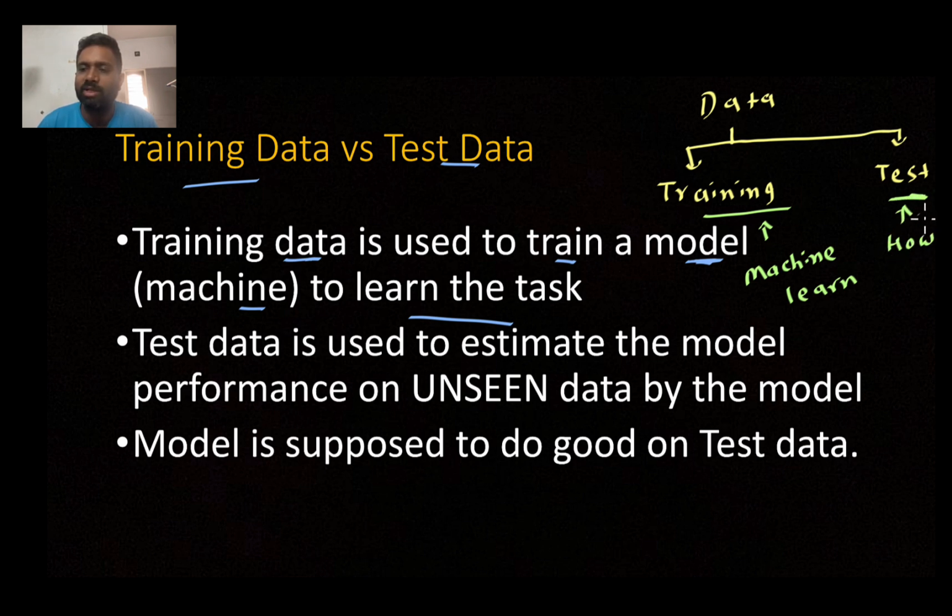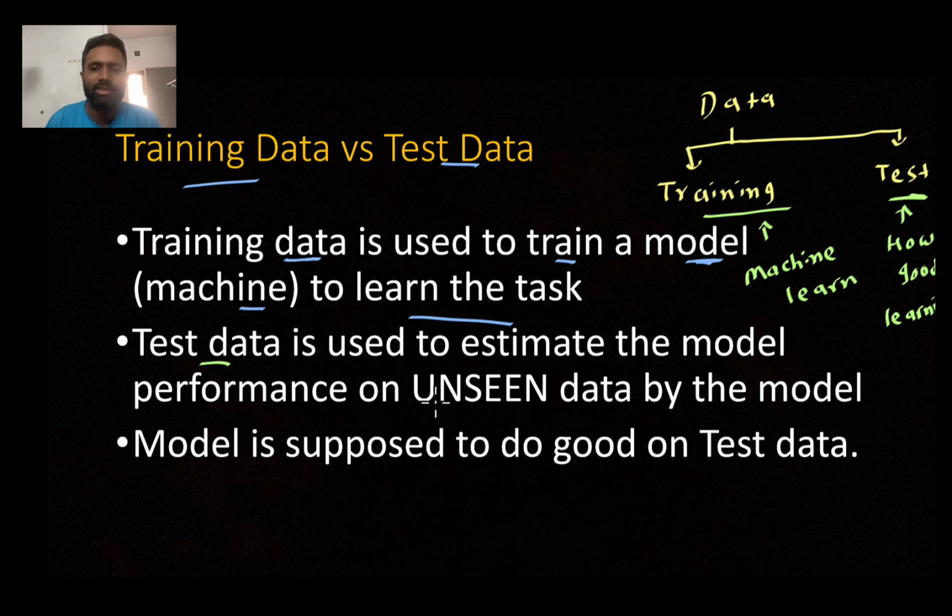The reason to keep it separate is that since we already use this data for learning, the machine is known to perform well on it, and there is separate data kept just to evaluate how good the machine learning is. So these are the two general classes in which we divide the data: training data and test data.